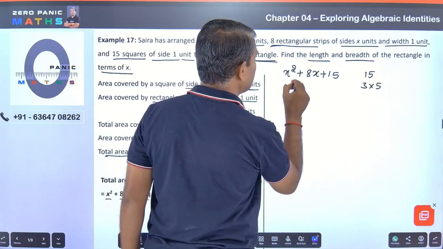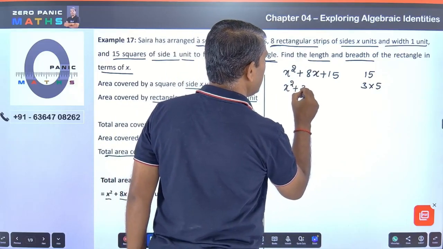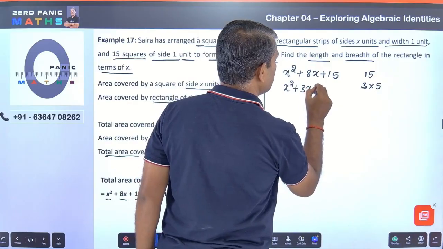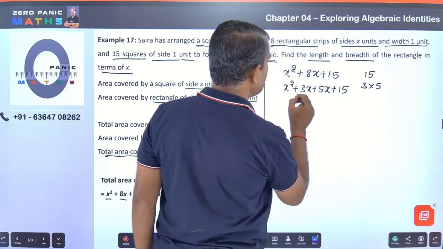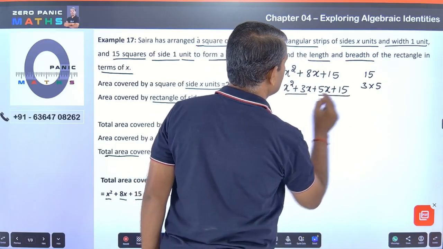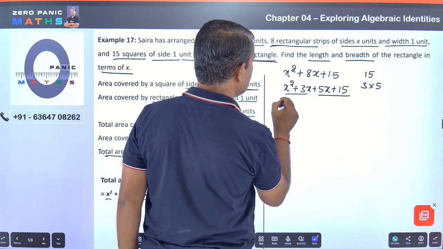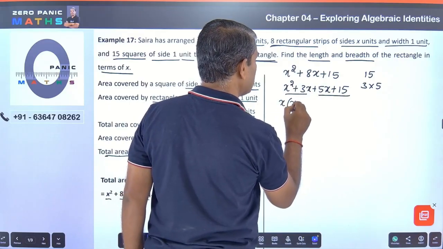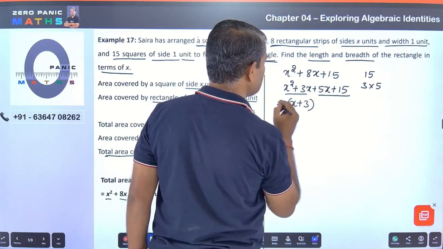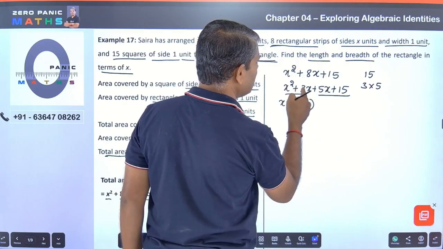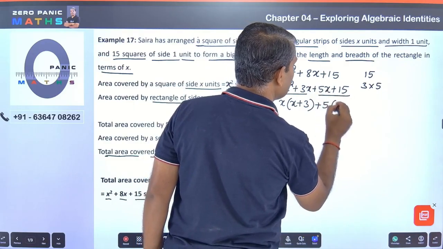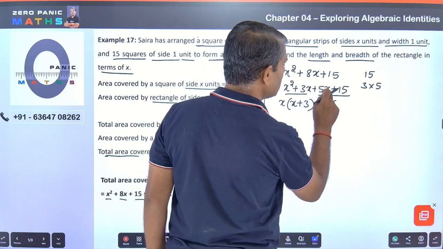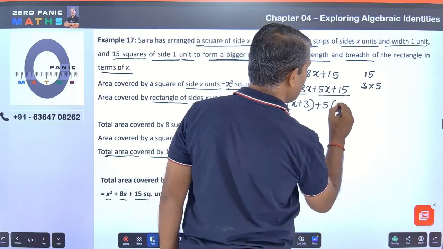So let me write this as x square plus 3x plus 5x plus 15. We take the common factor x from the first two terms, and what remains inside is x plus 3. Again, from the last two terms I take 5 as common, and what remains is x, and 5 times 3 is 15.